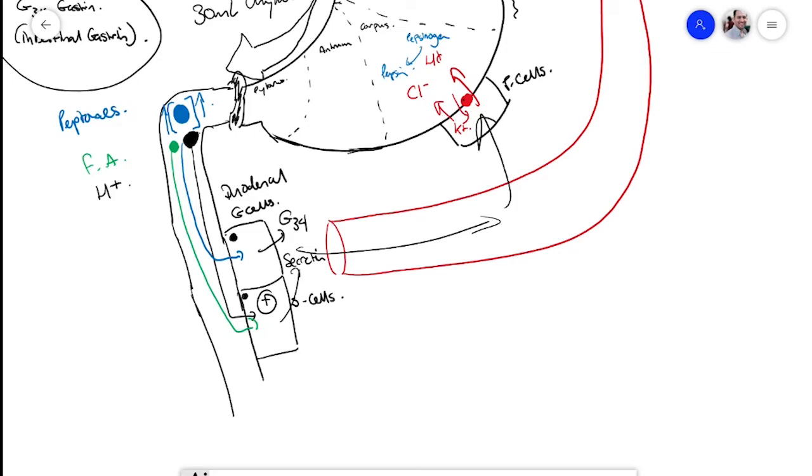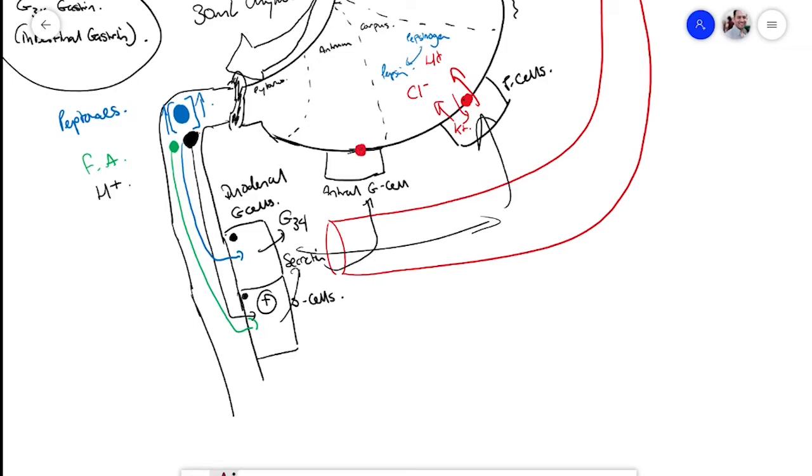First thing it is going to do is find its way to cells in and around the antrum of the stomach, and this is an antral G cell. So secretin will come in and work its way into the antral G cell.